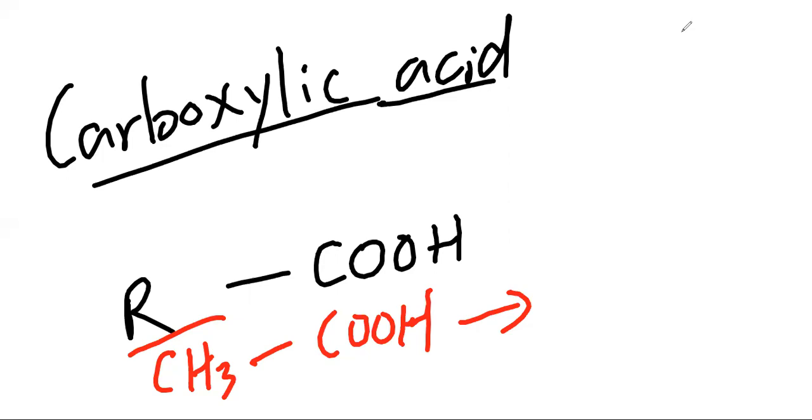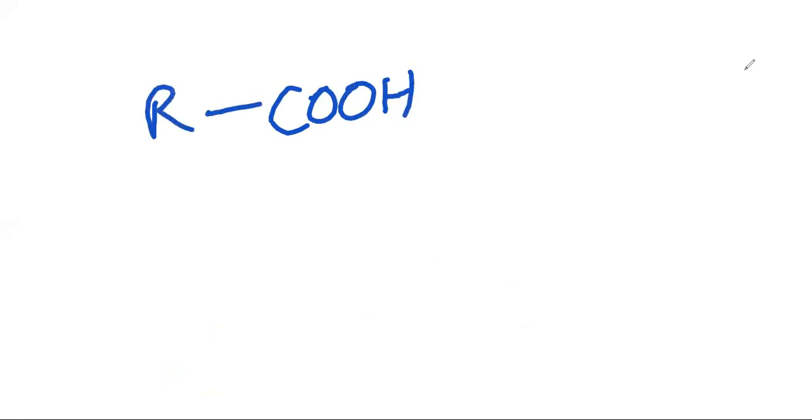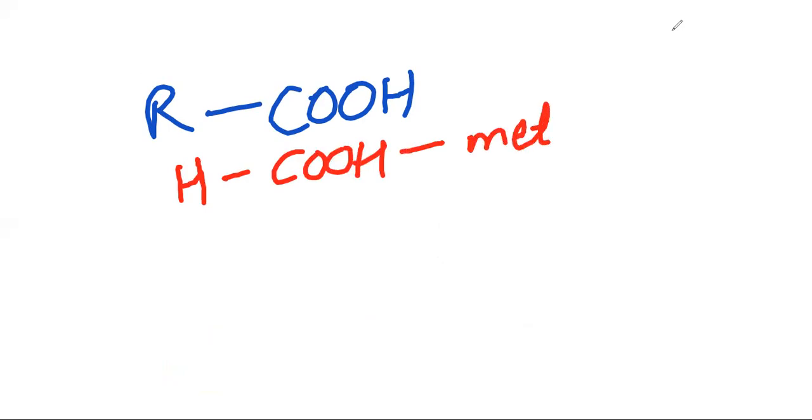I'm telling you some acids. COOH is the carboxylic functional group, and this is the general formula. Now, if I add H, it's called formic acid. Methanoic acid is the simple name, formic acid the other name.